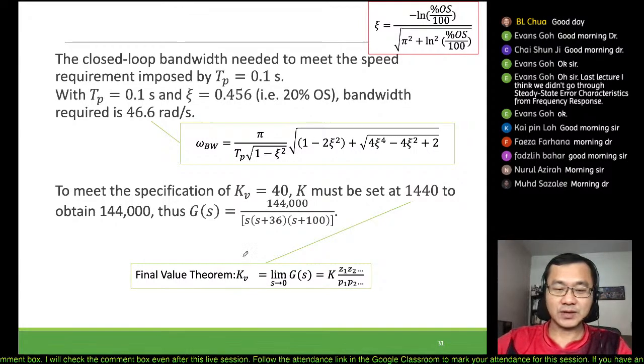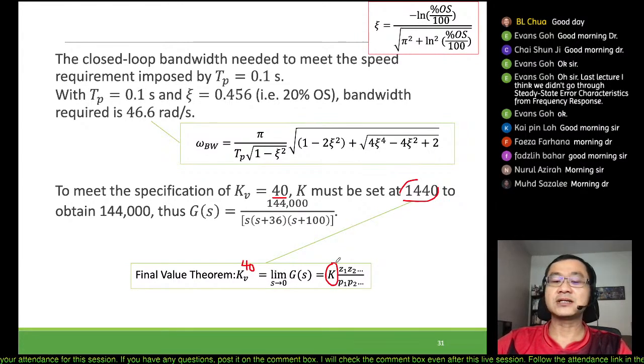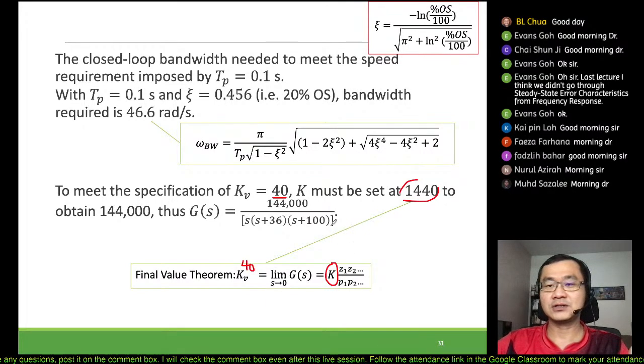So this value is 40, which we already know from this. Then in order to get this one, referring to this value, this is unknown. So what we need to do is, based on the transfer function that we have, you fill in the 0 is 0, nothing there.